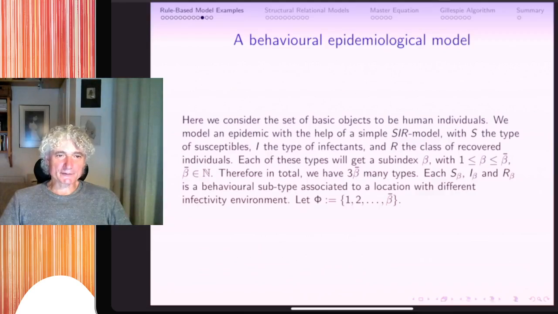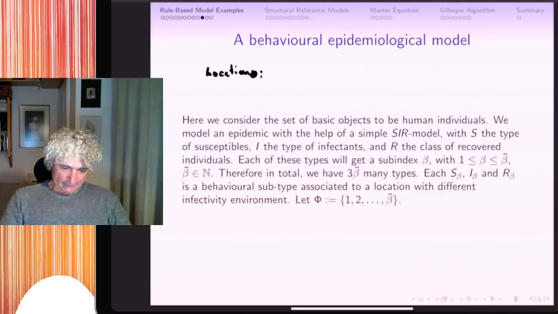So the basic objects here are human individuals, of course. But now we introduce something we can call locations, and they will also be associated with certain types of behaviors. So locations can be anything like, let's say, for example, pubs.